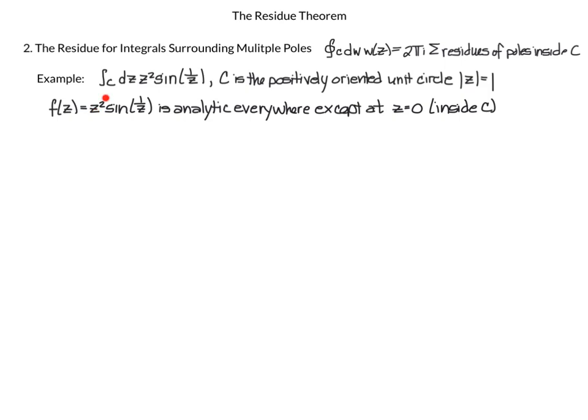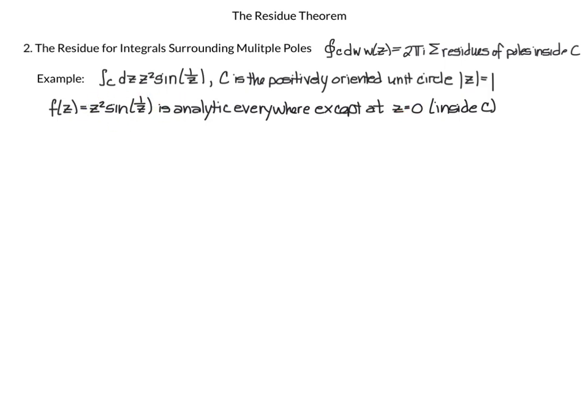First, let's note that z squared sine of 1 over z is analytic everywhere except at z equals 0, which is inside of our unit circle of radius 1. By our residue theorem, that means the integral around C of z squared sine of 1 over z is equal to 2 pi i times the residue of the poles inside, this one pole here.